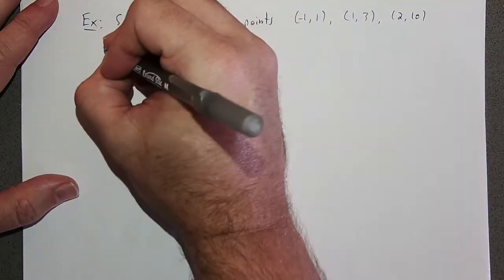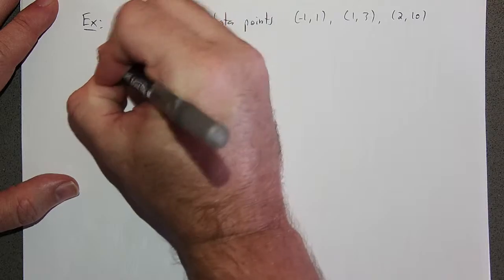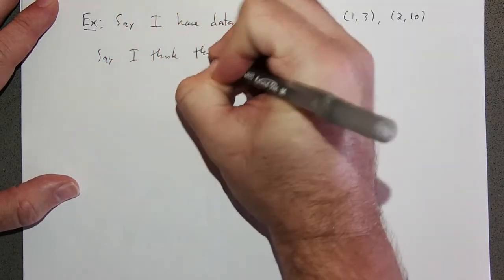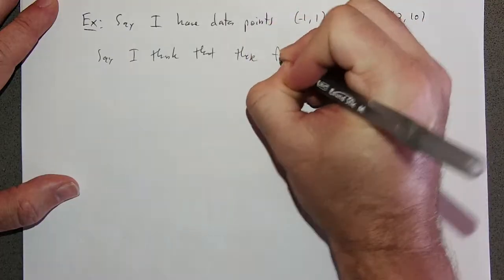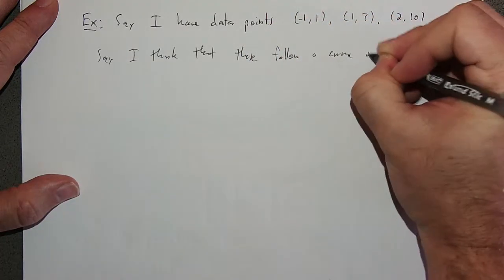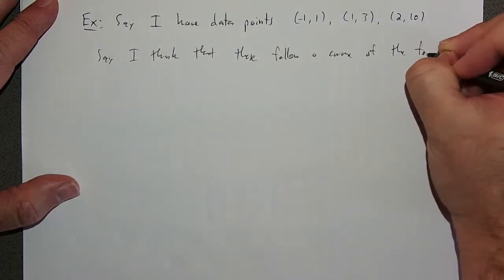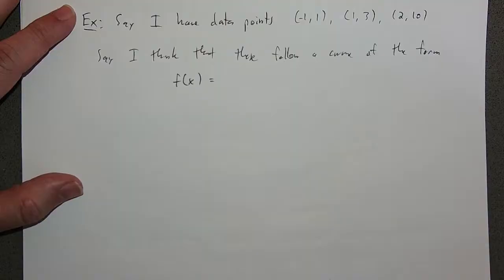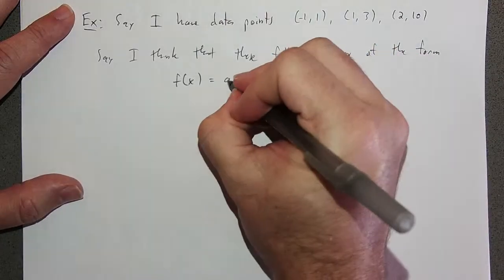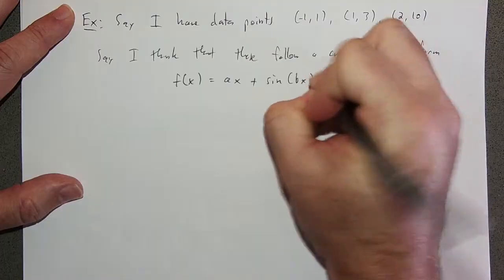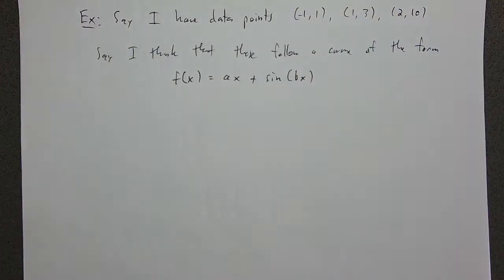Say I think that these follow a curve of the form f of x is ax plus sine of bx.